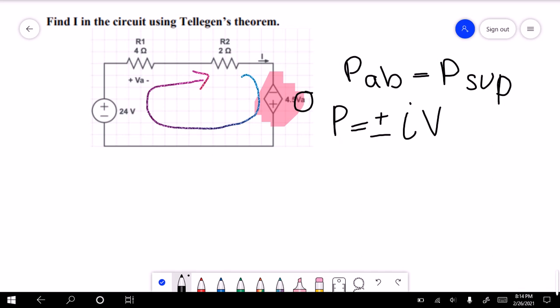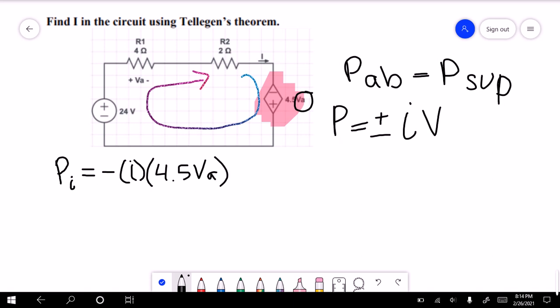So we're going to set up our equations now for power. The power, I'm going to call it I for independent. Just don't get it confused with current. And that's negative. The current is I, and the voltage is 4.5 VA.